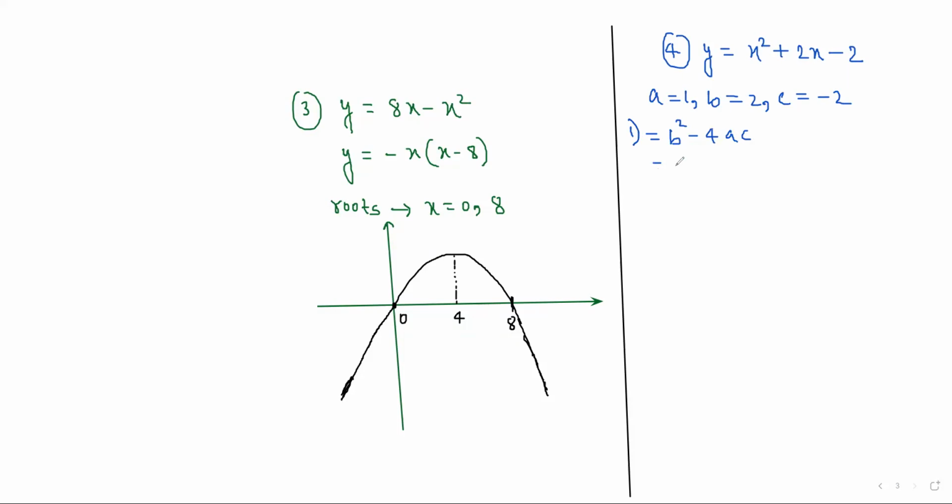So I think 4 minus 4 into 1 into minus 2, so this is 12. The roots are minus 2 plus minus root 12, upon 2, which means minus 1 plus minus root 3. Got it now? Minus 1 plus root 3.